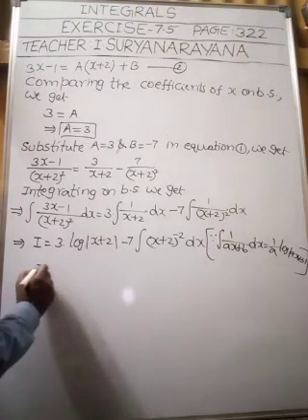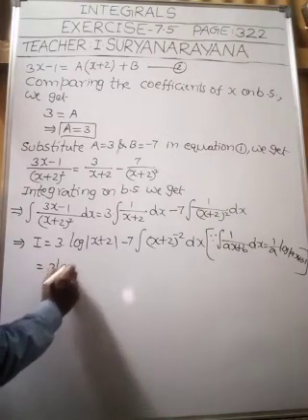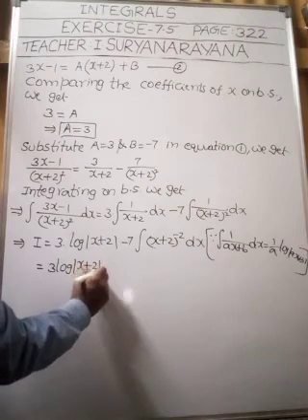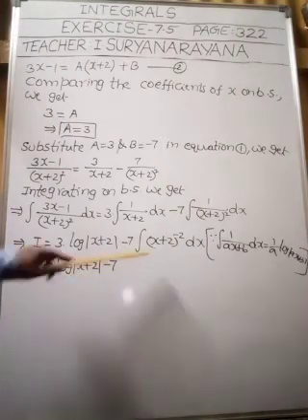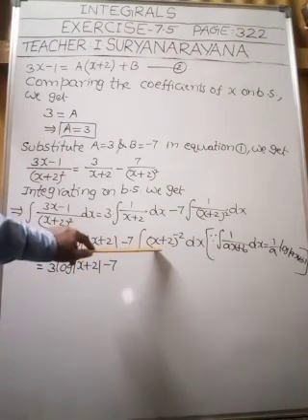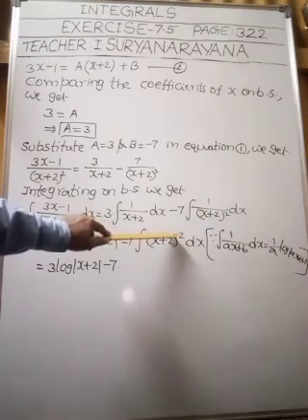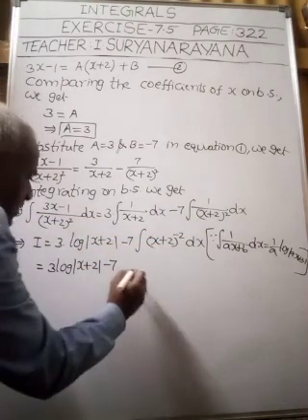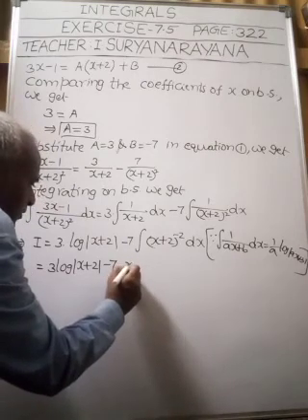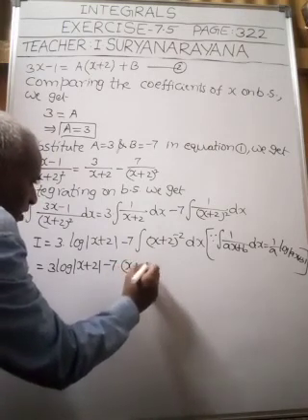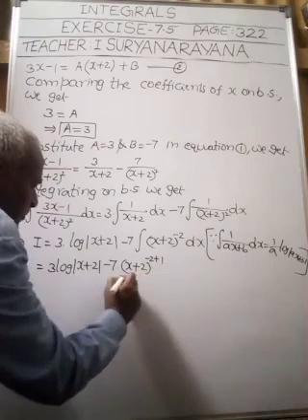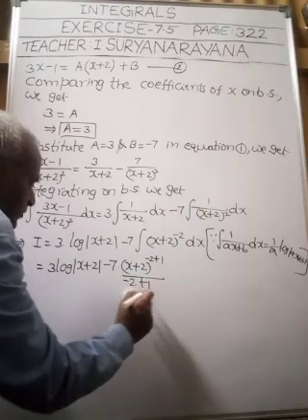That is equal to 3 log mod (x plus 2) minus 7 into, it is in the form of the integral of a linear expression whole power n, (ax plus b) whole power n. What is the formula? (ax plus b) whole power n plus 1 by n plus 1, so (x plus 2) whole power minus 2 plus 1 by minus 2 plus 1.